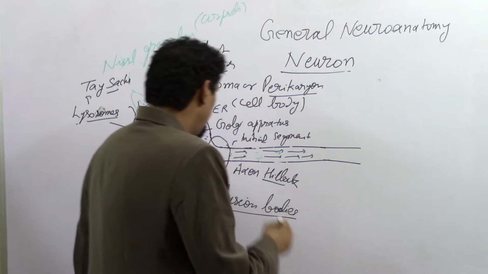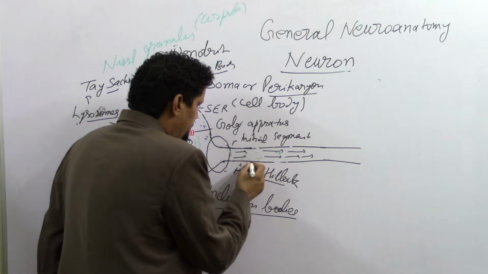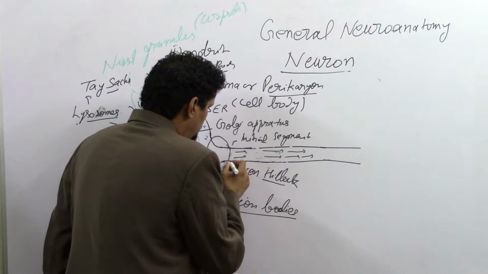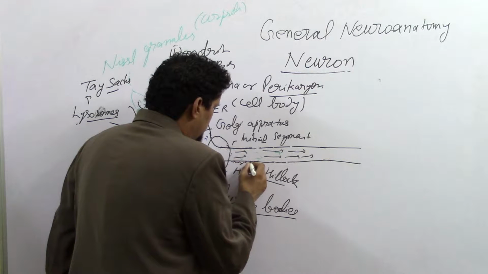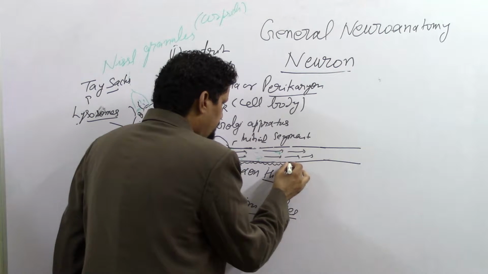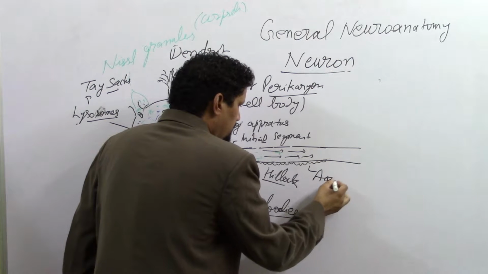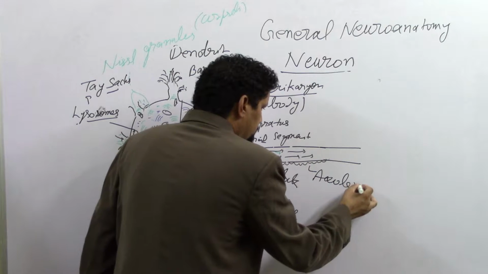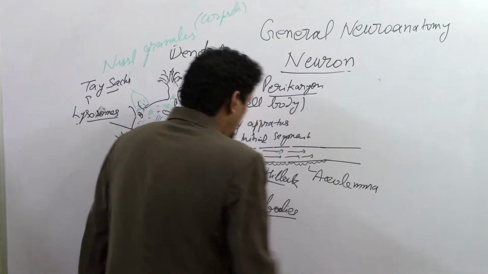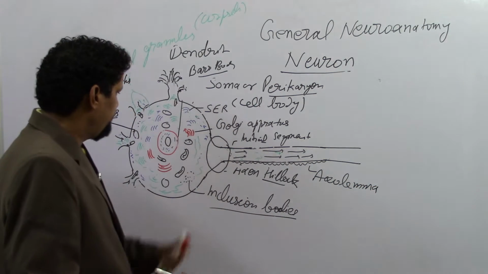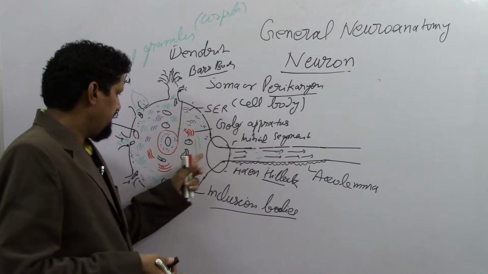So axon is covered by axolemma. It is having an outer covering of membrane known as axolemma, and it is having an initial part which is a clear zone.